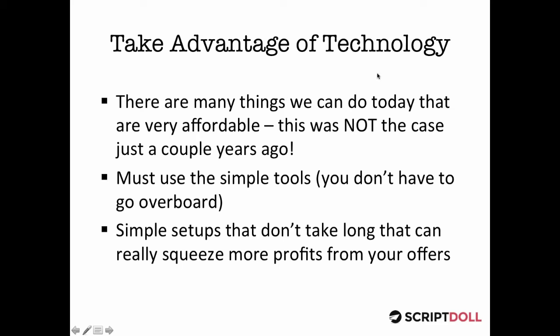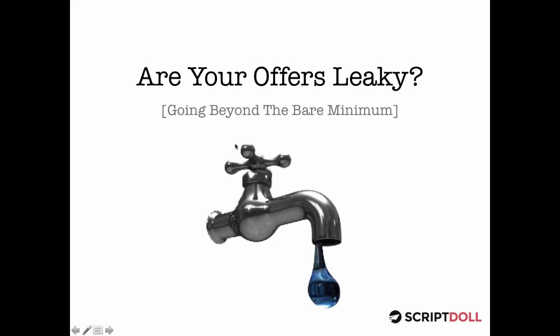The point is that we have a lot of things, and it's very easy to get our hands on them because it's just not going to break the bank, and we have access to things that just weren't possible in the past. You'd have to be a coder, or you'd have to pay a programmer to build these types of things that we have at our access very easily today.